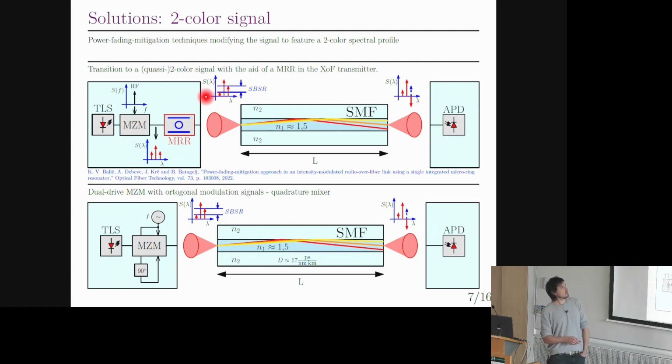So the more modern approach would be to use, let's say, a microring resonator. So use the transfer function of such a resonator to get rid of one of the sidebands in the double sideband profile of our signal.